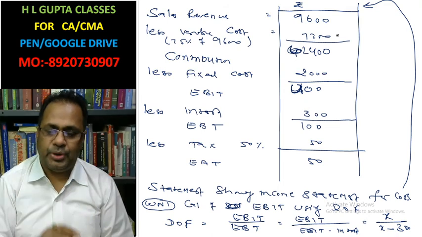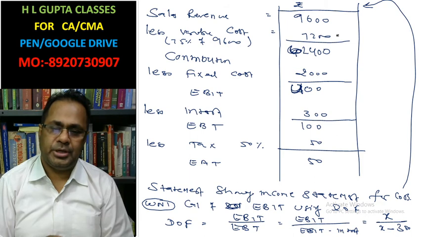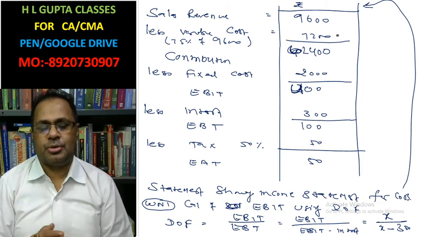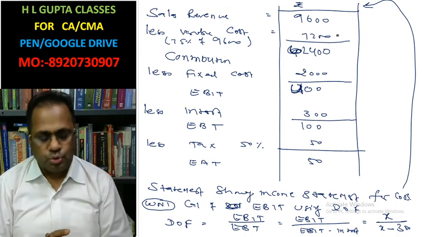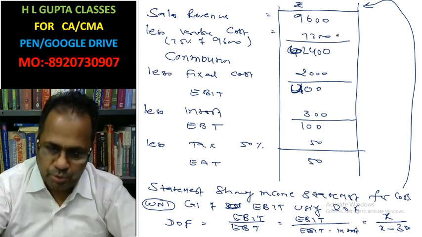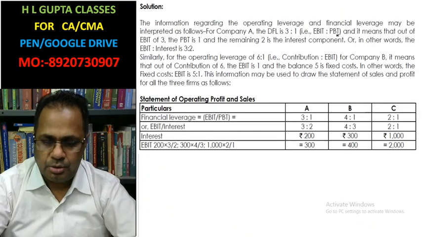In the same way, you can calculate for company A and company C as well, and as well as question number 34 you can do. So do this question. The solution is already available in your book, and I am going to provide it here. Look at here, the solution is given.